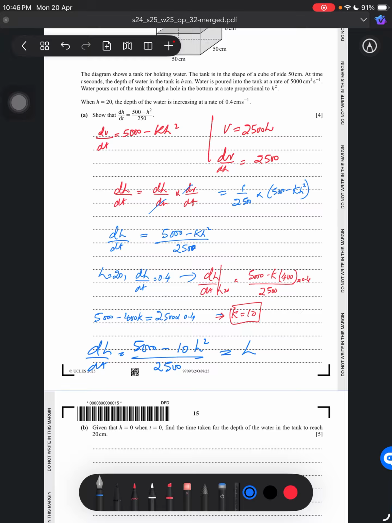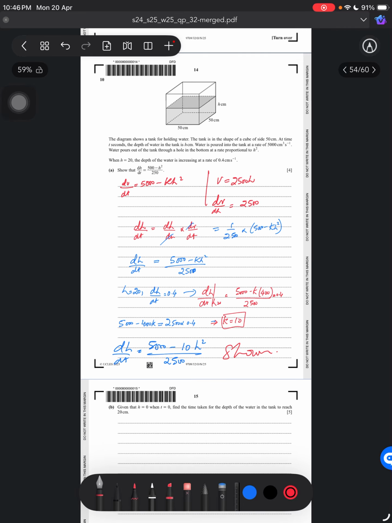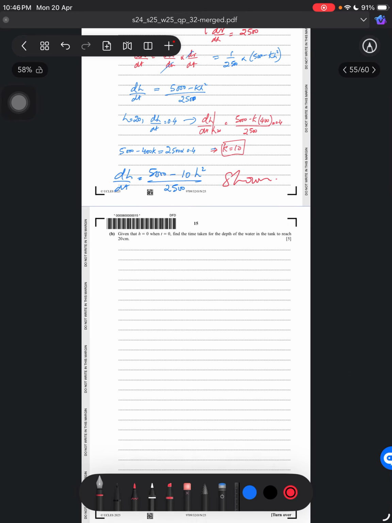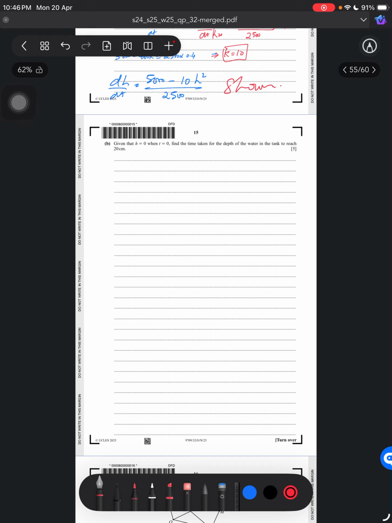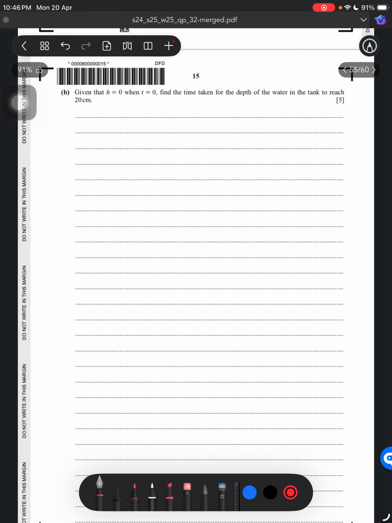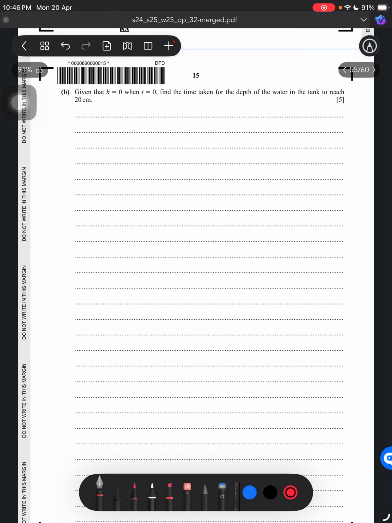We just need to show that, and this is done. Now comes part B. Given that h is equal to 0 when t is equal to 0, find the value of time taken for the depth of water in the tank.